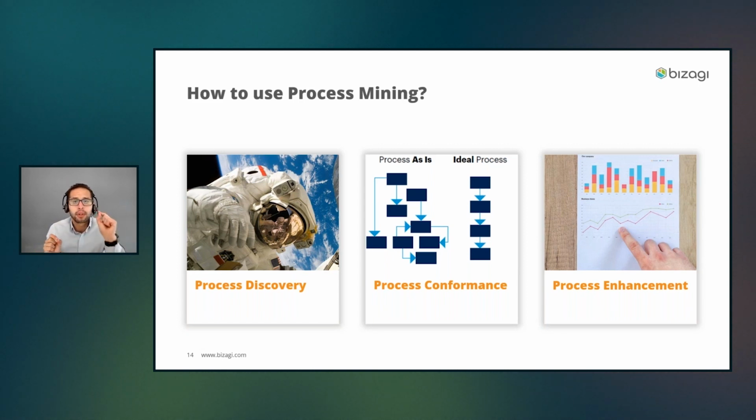If you take a look, process discovery is what we have right now with Bizagi. It's automatic: you just get the logs, and then you end up with a diagram. Process conformance and process enhancement are things you can still do with Bizagi. It's not fully automated, but you can do it.